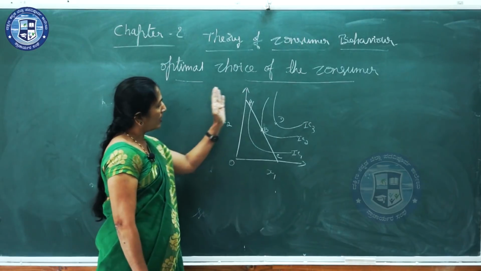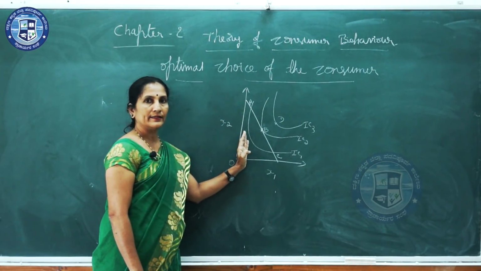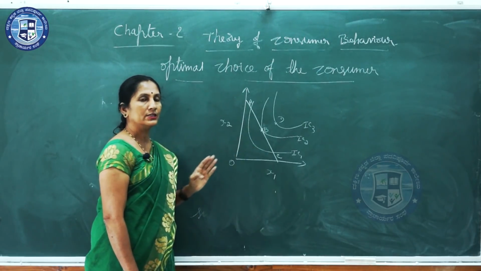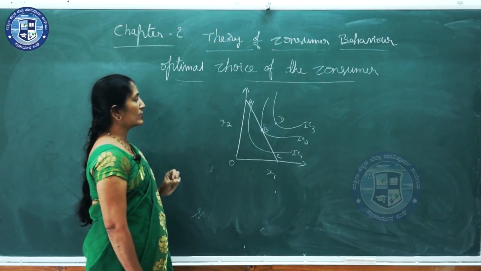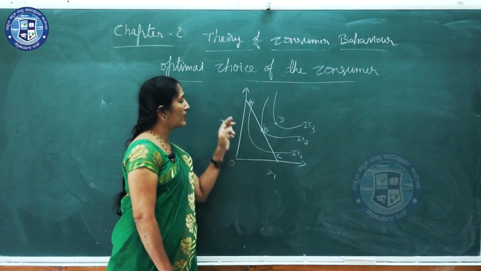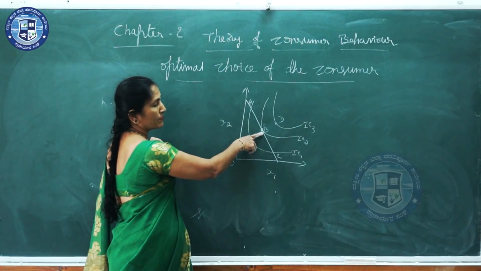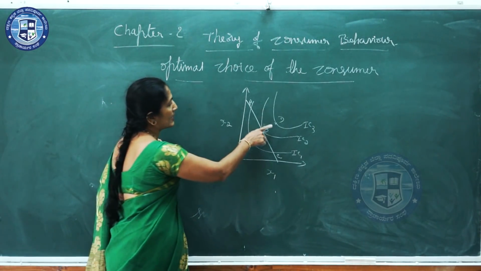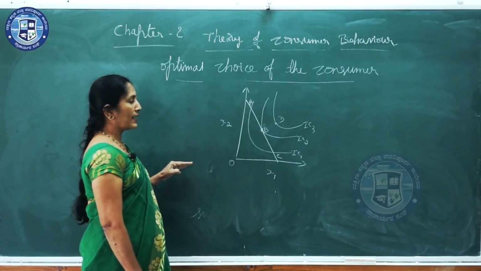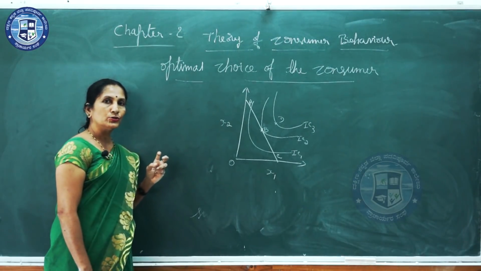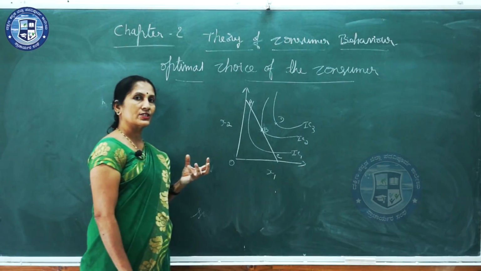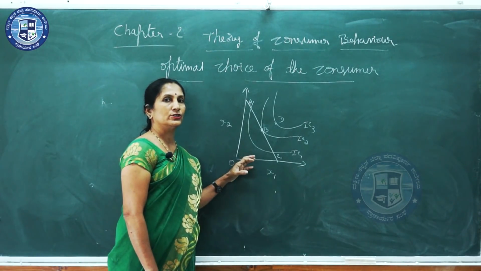Points A and C are not the optimum choice of the consumer, because these bundles are inferior to point B. So a rational consumer chooses the combination that gives him higher, or greater, satisfaction.